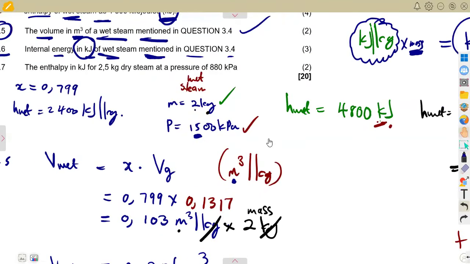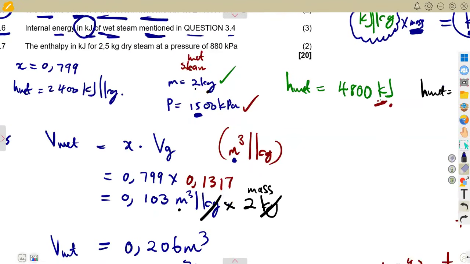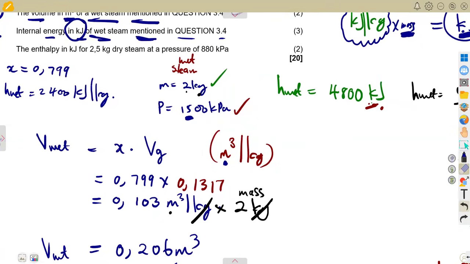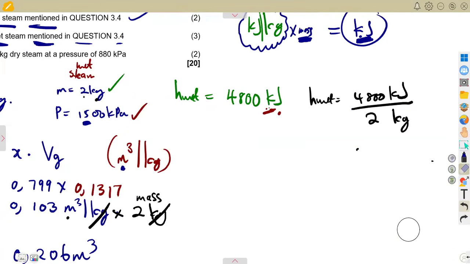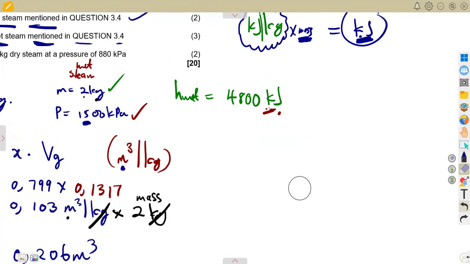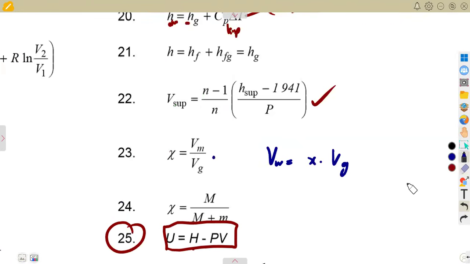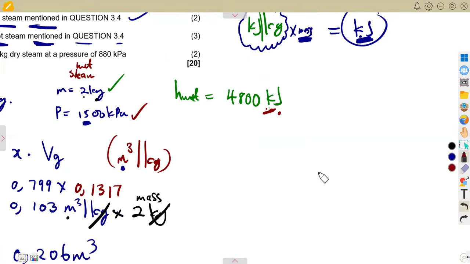Remember, I talked about that formula, but I said you work with that formula at a certain condition to say how the steam is considered. Let me just write it here. We talked about this, so I'm not going back to the formula sheet, but this is it. So we saw that U is equal to H minus PV, enthalpy minus PV, like we calculated in the first place.